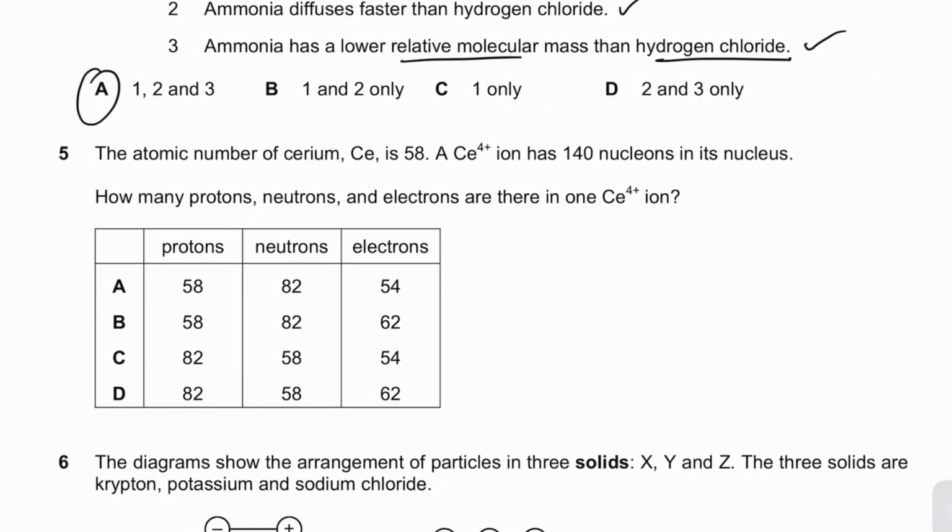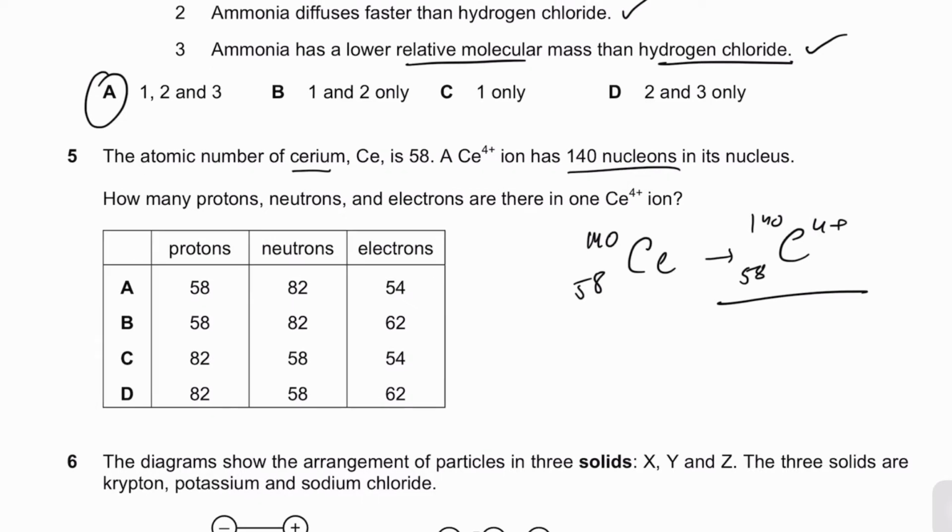The atomic number of cerium, Ce, is 58. A Ce4+ ion has 140 nucleons in its nucleus. So Ce 140, and the atomic number is 58. This is turned into a Ce4+ ion. So here the protons will be 58.